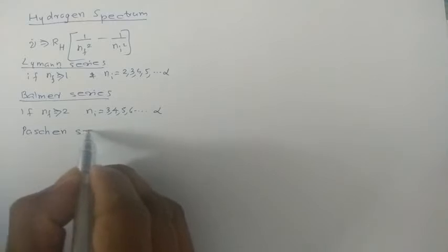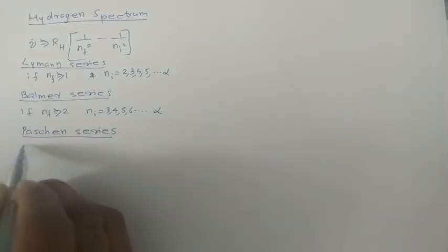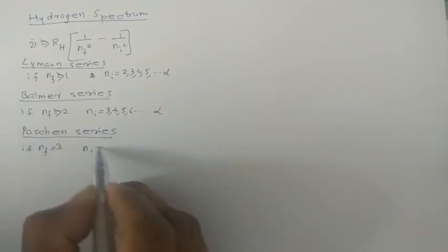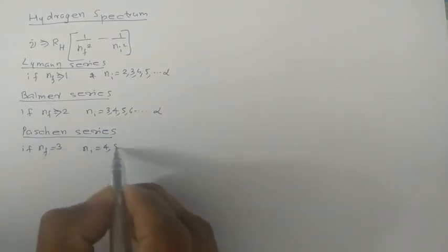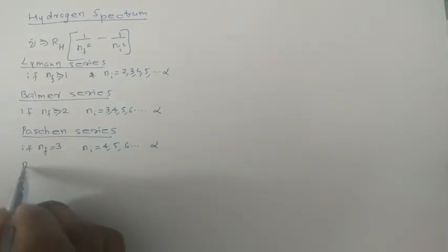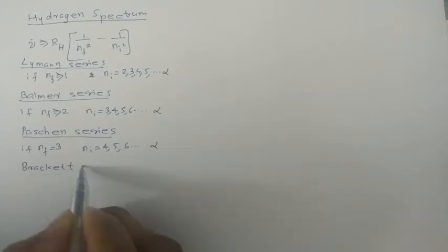Next one, Paschen series. If n_f is equal to 3, n_i is equal to 4, 5, 6 up to infinity. Next one, Brackett series.